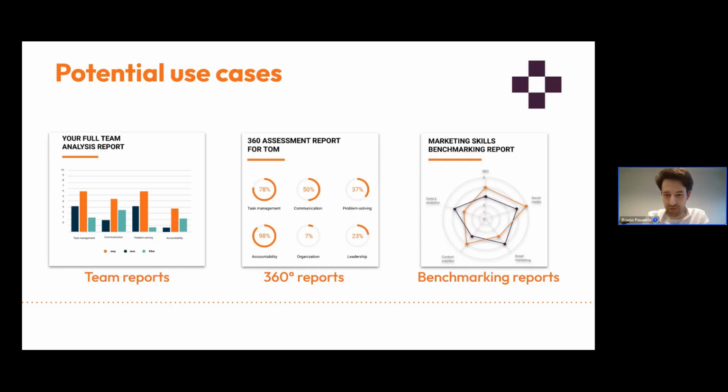That's basically all possible. 360 reports, kind of a difficult term. People like to use it differently, but basically we mean something where one person is being evaluated or assessed by a number of people around them. And ideally, well, that's where the name 360 came from, like a manager, who is above them hierarchically, then peers, direct reports, and a self-evaluation.